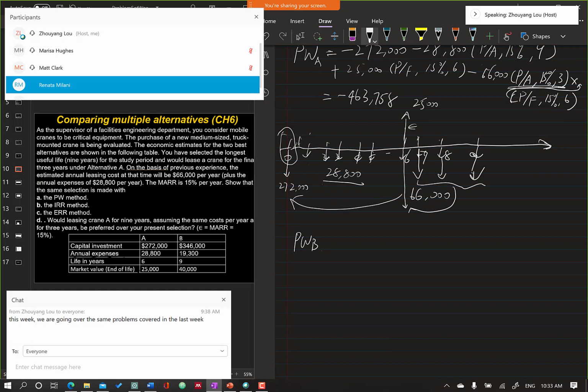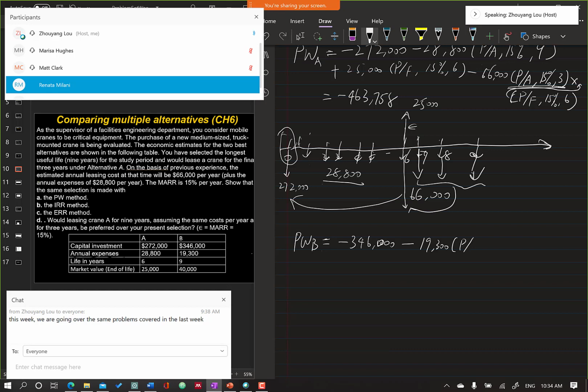And for the present worth of project B, that's actually more straightforward, since that's lasting all 9 years, and we don't need to do a lot of transformation, just some standard ones. So we have the capital investment as 346,000. Don't need to do anything there. And the annuity cost is 19,300 for 9 years.